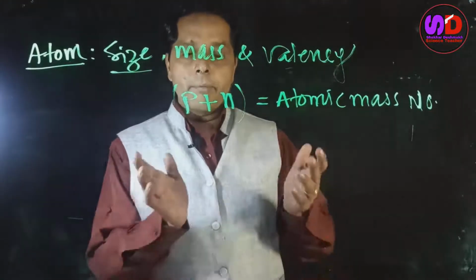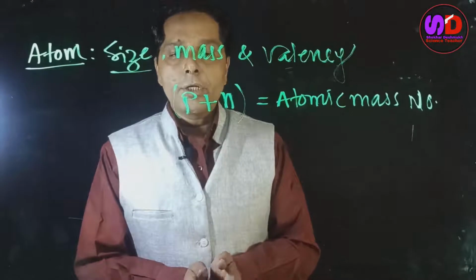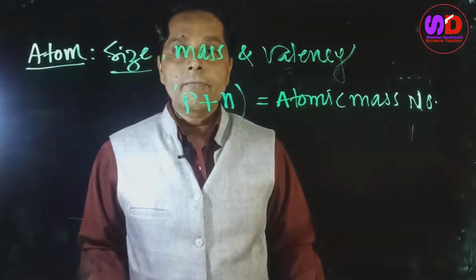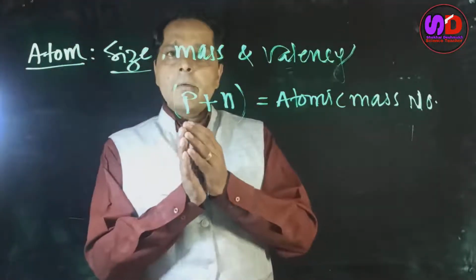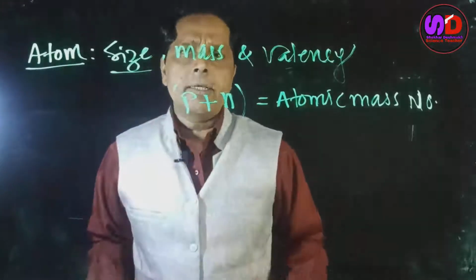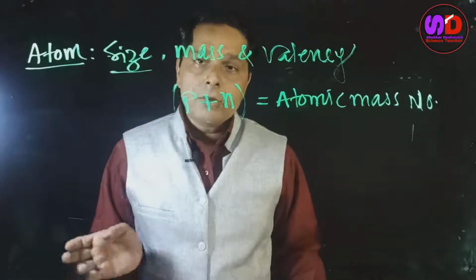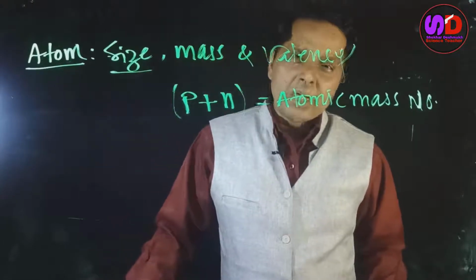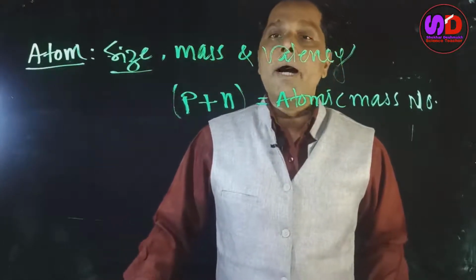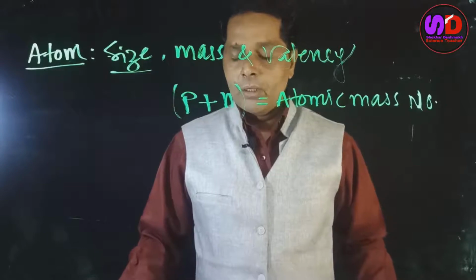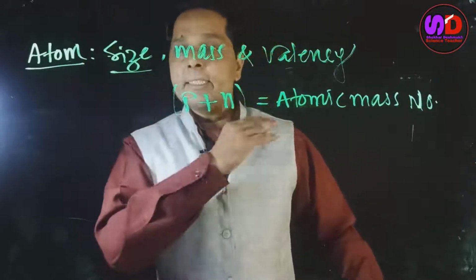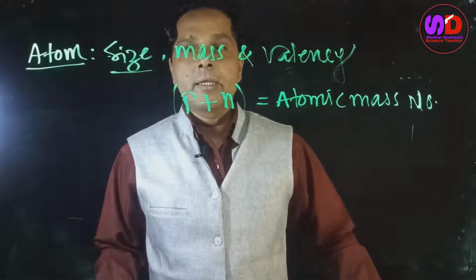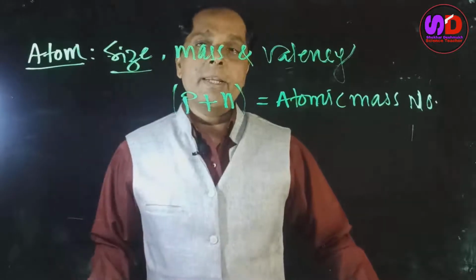But in comparison with an atom, it is very large in size. So as an atom is a very tiny particle, scientists too got confused and struggled to measure the mass of an atom. The scientists of the 19th century could not measure the mass of an atom.